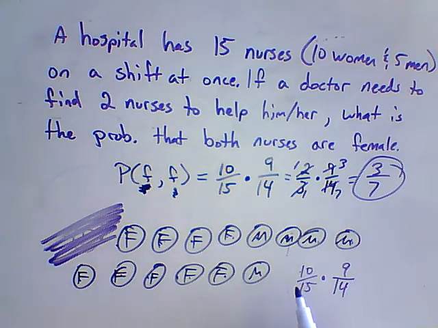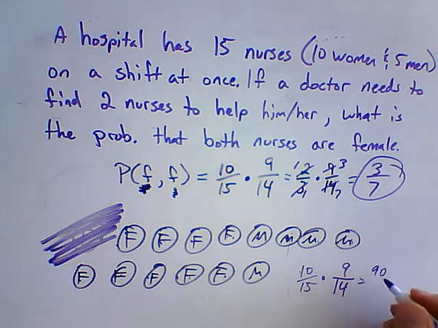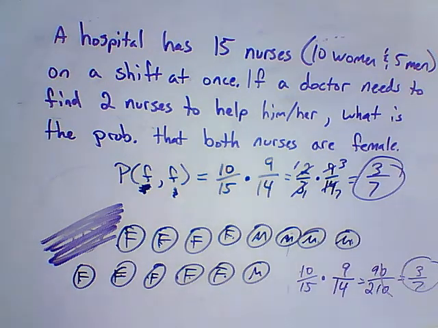And then I would grab my calculator, multiply across. 90 over 210. I hope that's right. Reduce, that becomes 9 over 21, which becomes 3 over 7. Yay! All right. That's my non-calculator version.